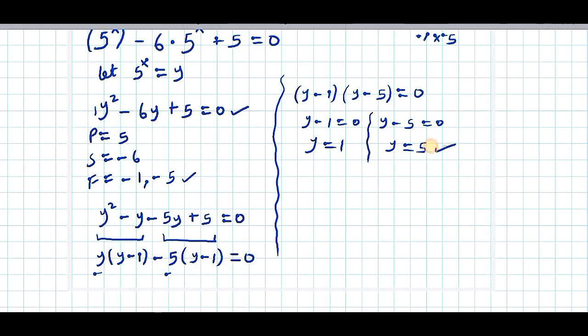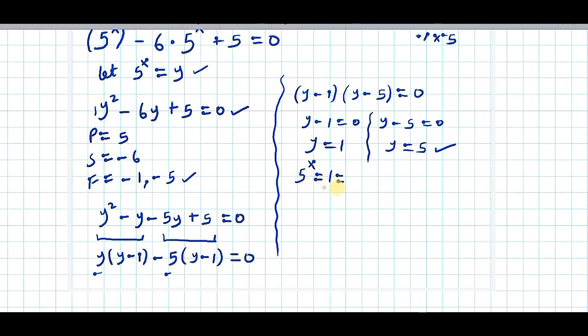At this stage, we'll have 5 raised to x is equal to y resurfacing. Remember, y is 1, and we had let 5 raised to x be y. So in place of y, we can write again 5 raised to x is 1. And remember, a number raised to 0 is always 1.